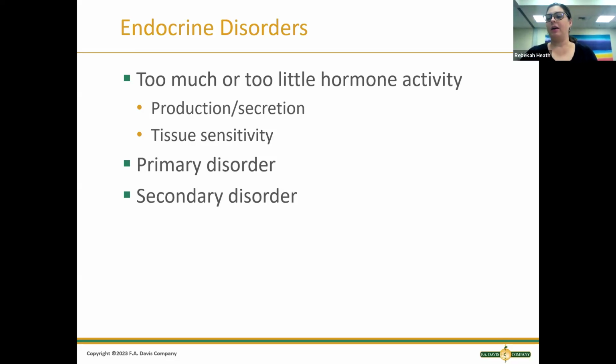Like if we're not getting enough thyroid stimulating hormone to the thyroid, the thyroid is going to be in dysfunction because it's not producing enough thyroid hormone, but it's not an actual problem inside the thyroid. It's another gland that's not stimulating that release of the hormone. So it can be either primary, the actual gland is having an issue, or secondary, something else is causing that.